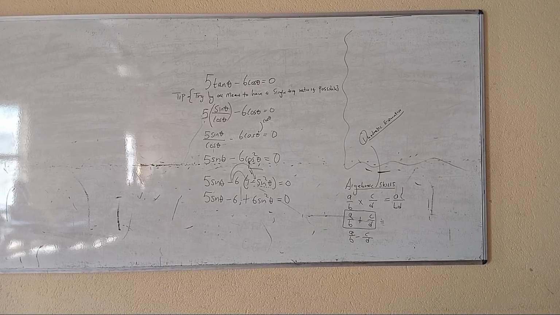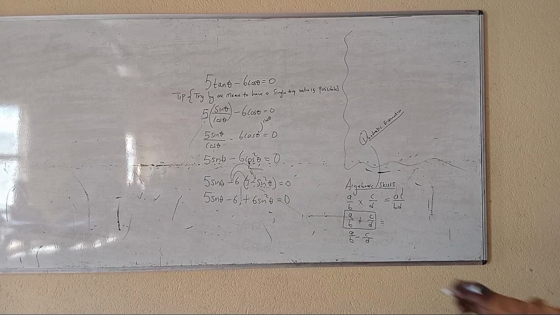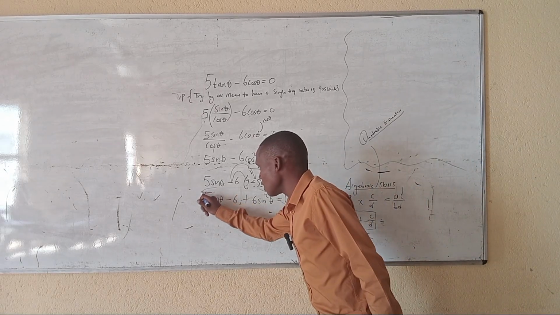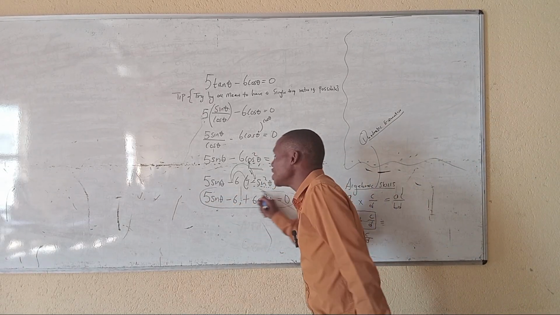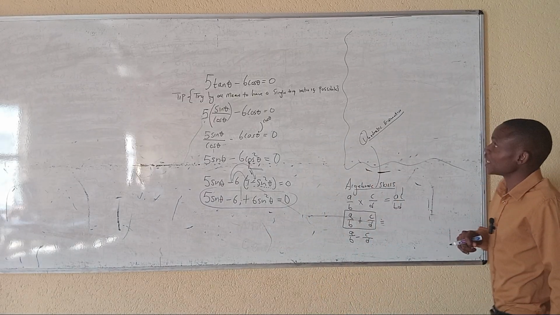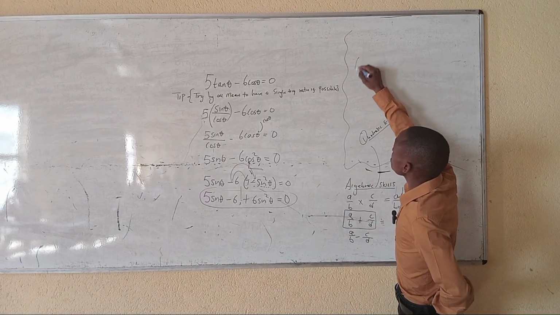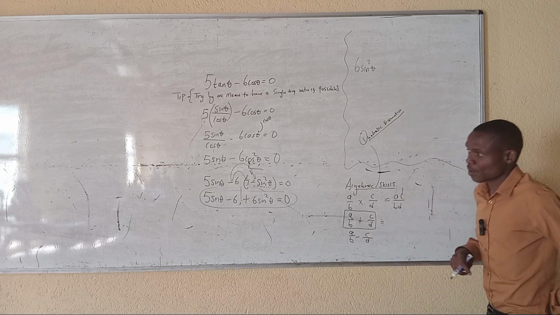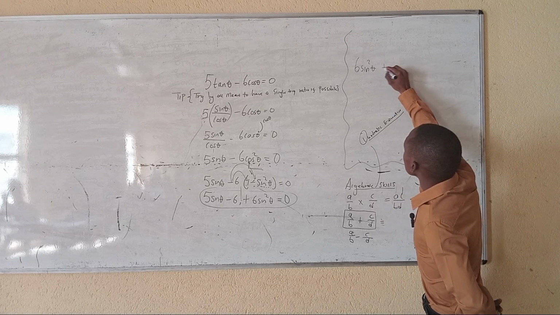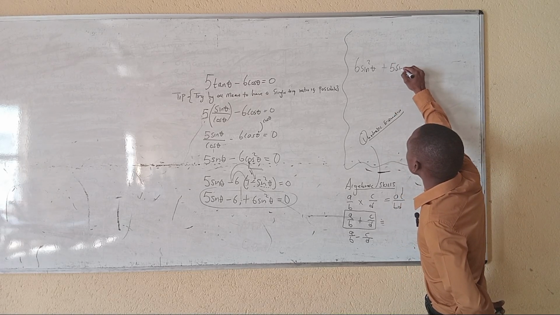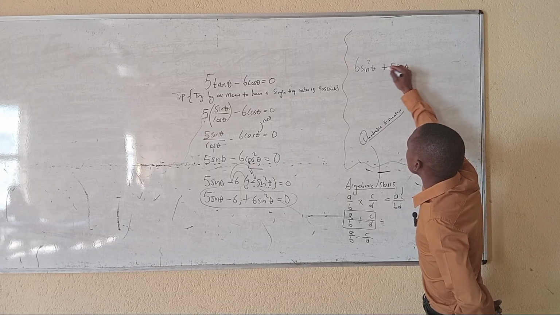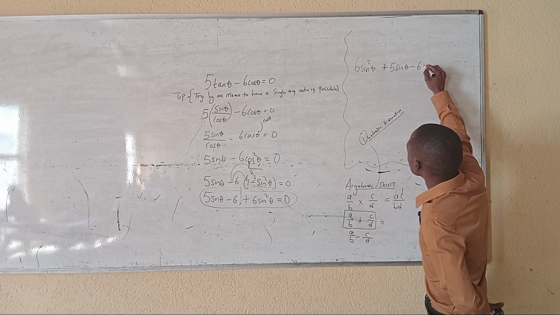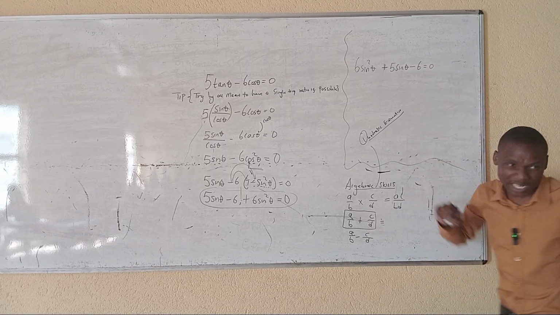Algebra. So if you look at this expression, it's a quadratic equation. We can write it as 6 sine squared theta plus 5 sine theta minus 6 equals 0.